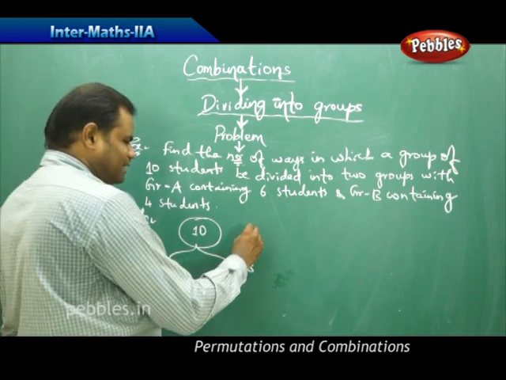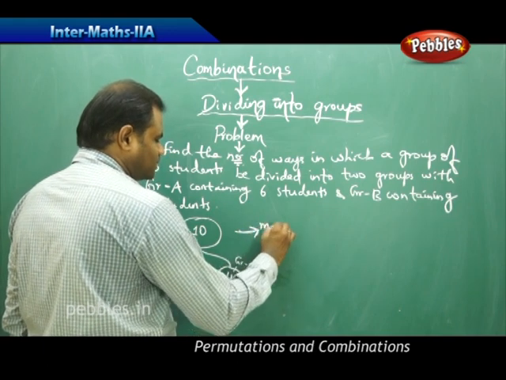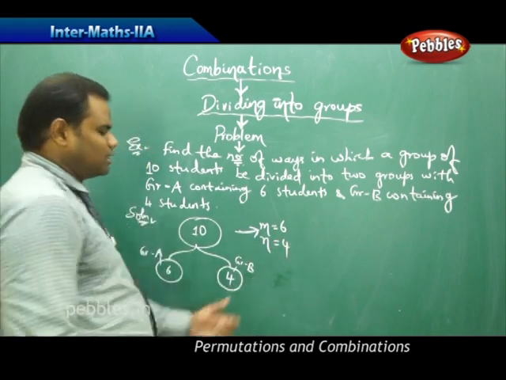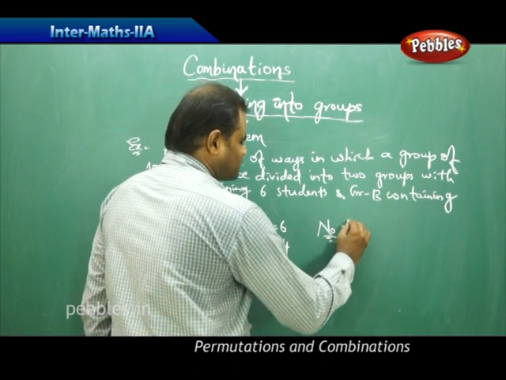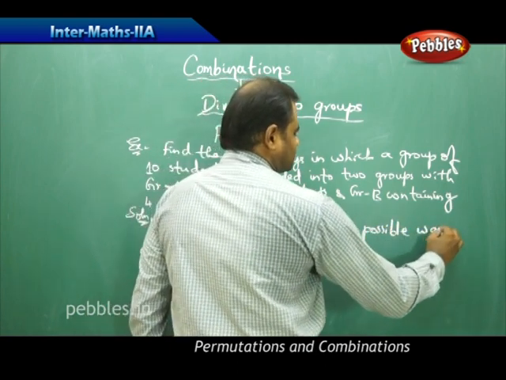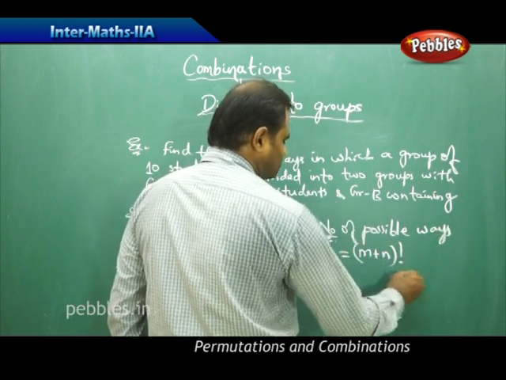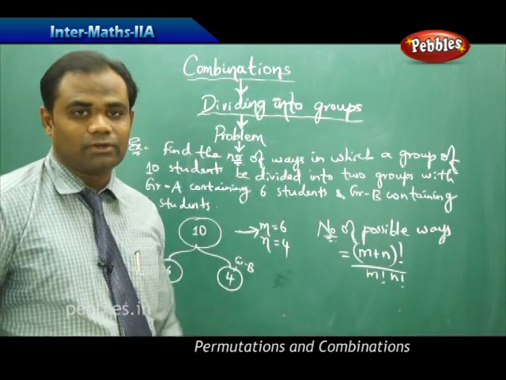Now here clearly I identify that for this particular problem, my group A with number of things m being 6 and n being 4 is going to use the number of possible ways, which uses the formula (m plus n) factorial by m factorial times n factorial, which we have already derived.